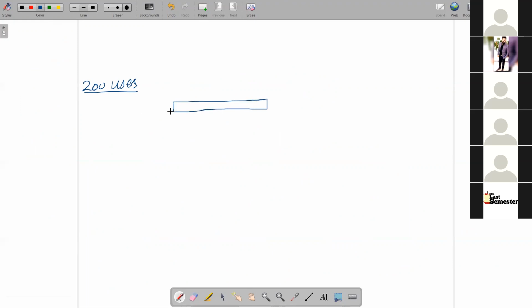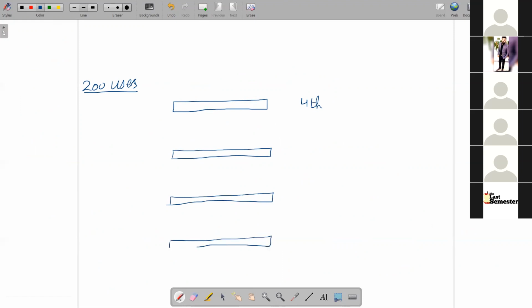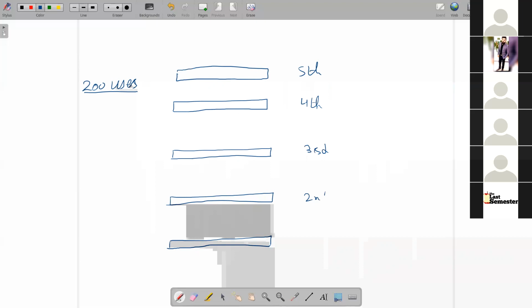For example, this is the 4th floor, this is the 3rd floor, the 2nd floor, and the 1st floor. If I'm having 4 or 5 switches, you can add so many, depending on the requirement. So I have multiple end users on all the floors.